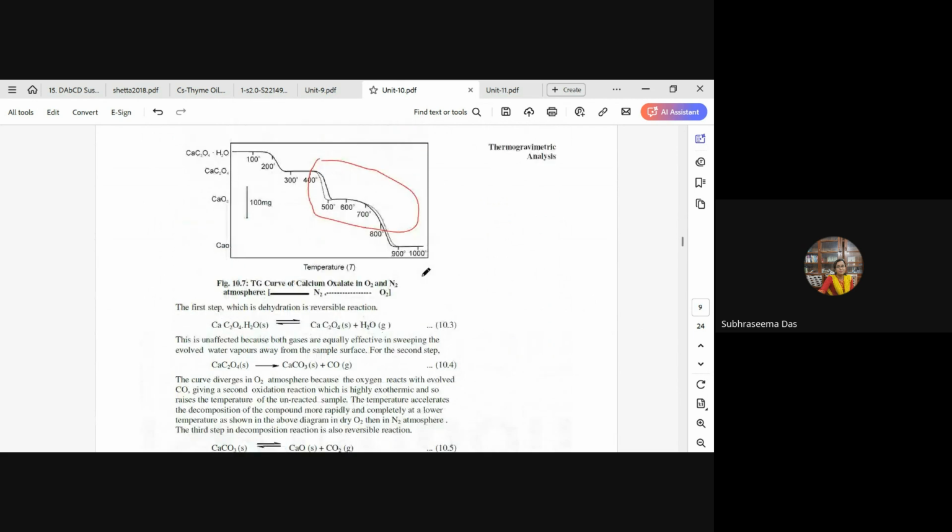In the first part, it is the dehydration reaction, which involves the loss of water.